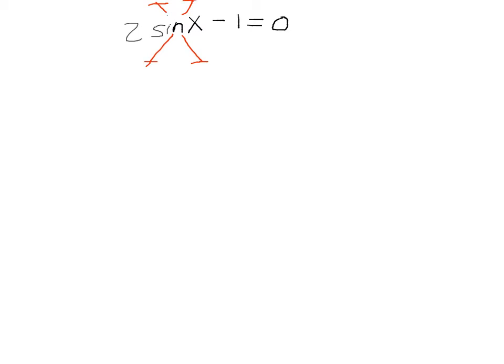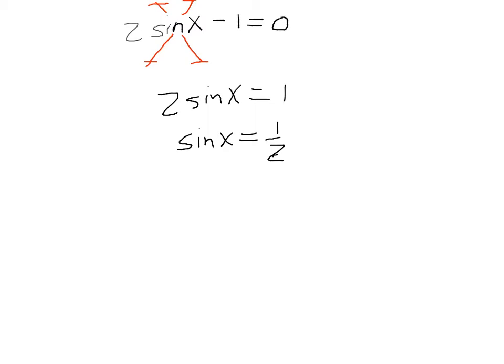So essentially we could think of this as solving 2x minus 1. The first thing we would do is add 1 to both sides, and so we would have 2 times the sine of x equals 1. Divide by 2, and there's our sine of x equaling 1/2.